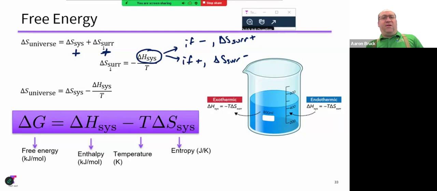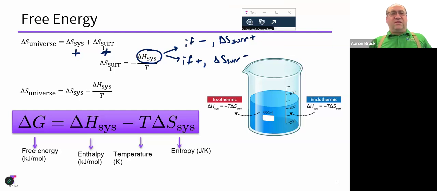what I can start to see now is, okay, we definitely want the entropy of the system to be positive if at all possible. But if it's not possible to get the entropy of the system to increase, we need the entropy of the surroundings to increase, which means that we need an exothermic reaction. We need delta H to be negative so that the change of surroundings is positive. The two negatives cancel each other.